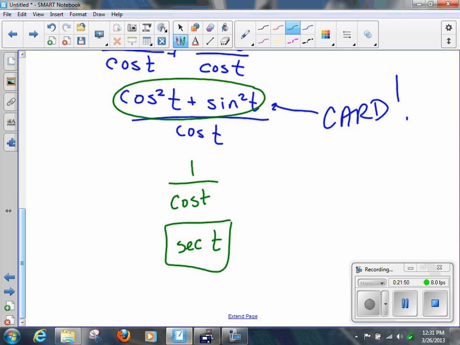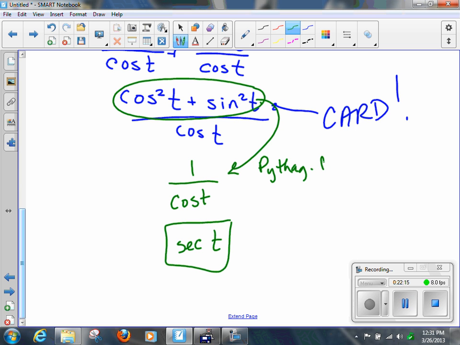Holy moly. No, it isn't confusing. It seriously isn't. Going from here to here, that's your Pythagorean identity.